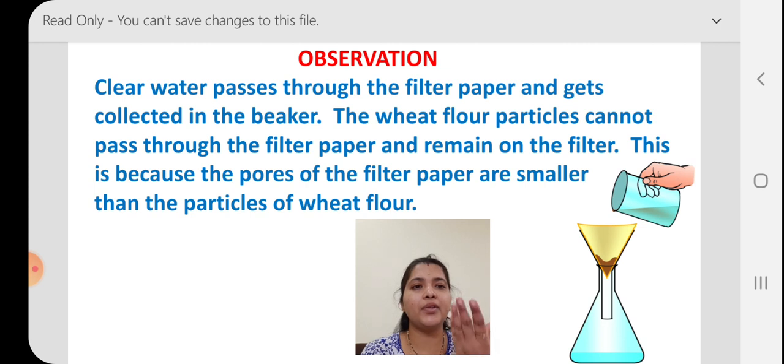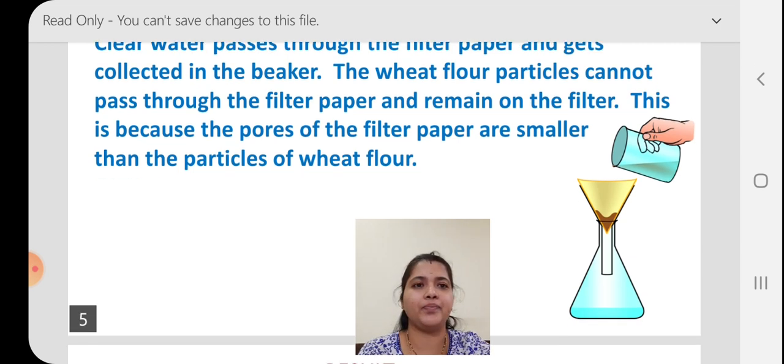On the filter paper you can see the wheat flour, or you can also take mud water or rice flour water, anything. This is because the pores of the filter paper are smaller than the particles of wheat flour. The filter paper has very small pores, which help in filtration.